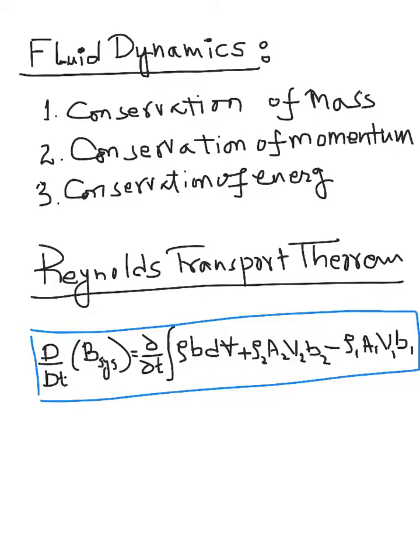It contains several symbols: B, rho density, small b, and so on. In order to understand these, we will define some basic definitions, and also the control volume approach, and subsequently we will derive this equation for Reynolds transport theorem.